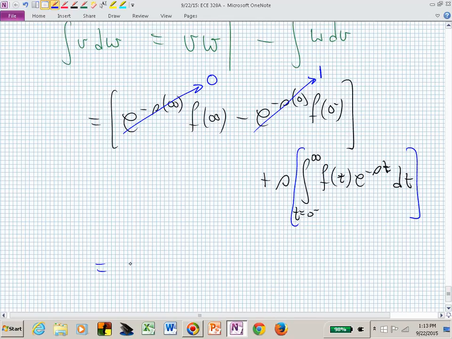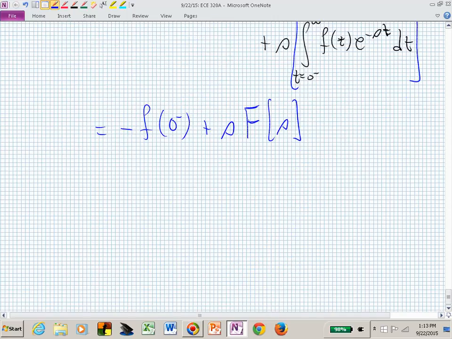Now we have, in the first bracketed expression, minus f of 0 minus. That's the function of time evaluated at t equals 0 minus. And what's in the blue bracket? That's the definition of our Laplace transform, and we just have to scale that by s, so that we now have s times capital F of s, and that's what we were trying to show.